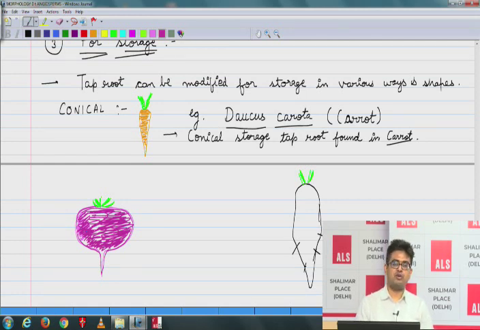It is called napiform root. This color, this shape, white color, radish, Raphanus sativus. This is the fusiform root, conical root, fusiform root, napiform root.